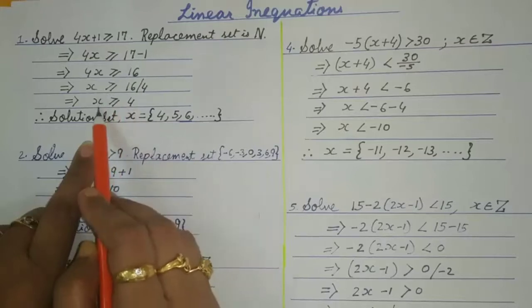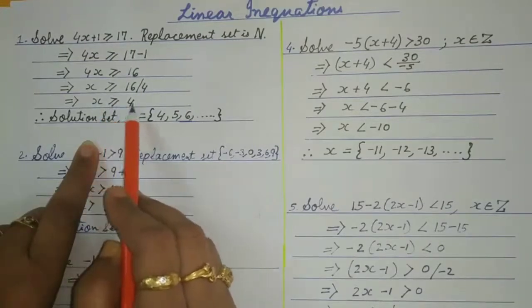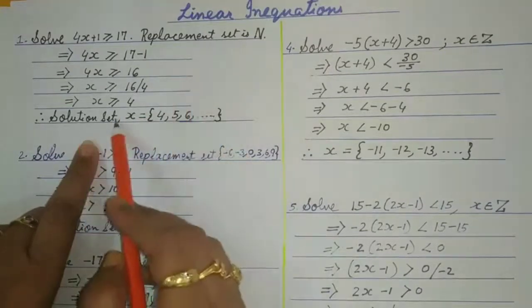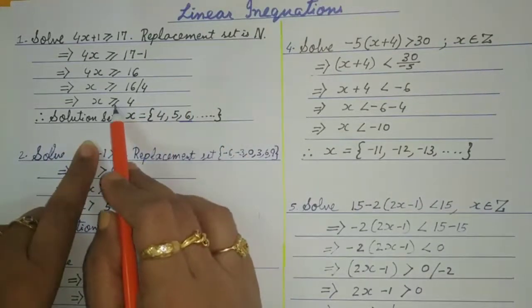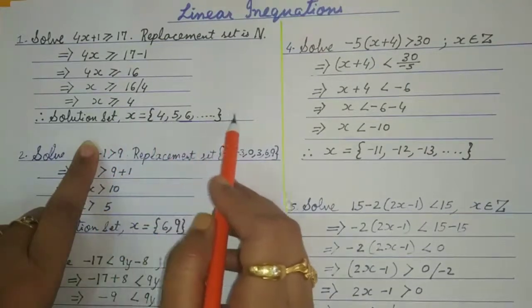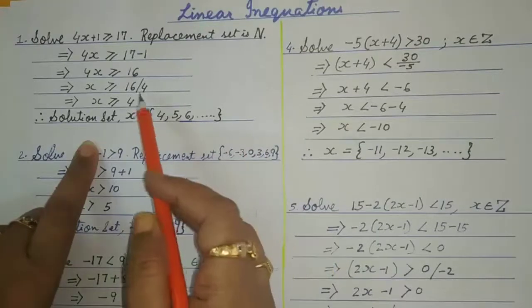So x is greater than or equal to 4. From the replacement set N, the solution set becomes 4, 5, 6, 7, endlessly it will go, because the equal to sign is there. So this is one question.